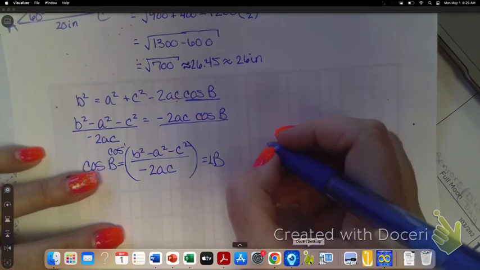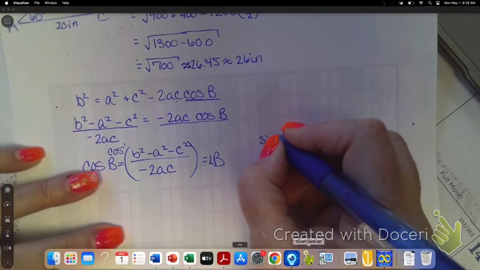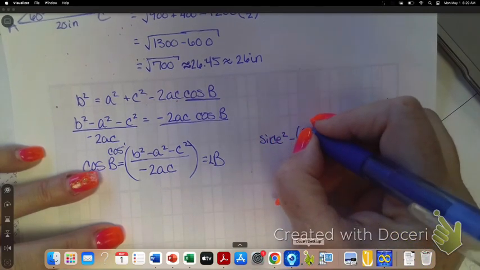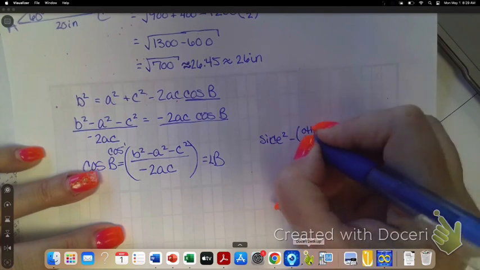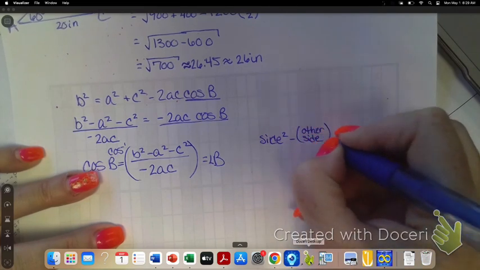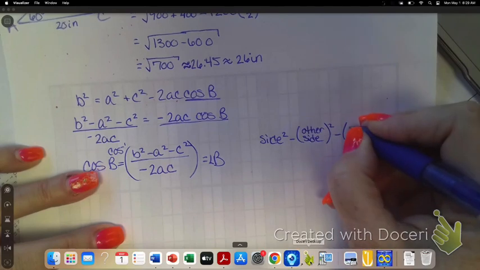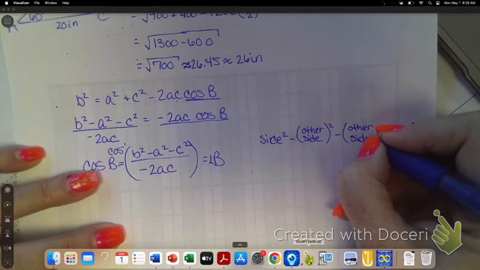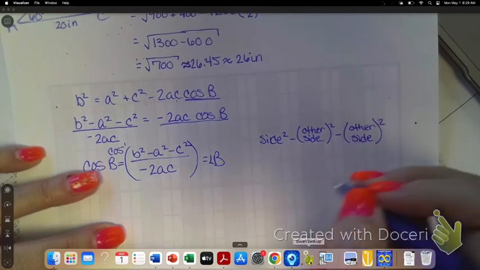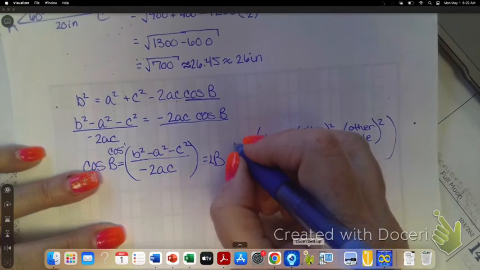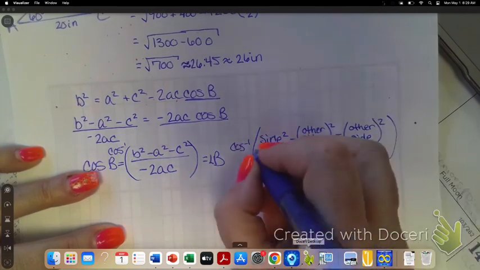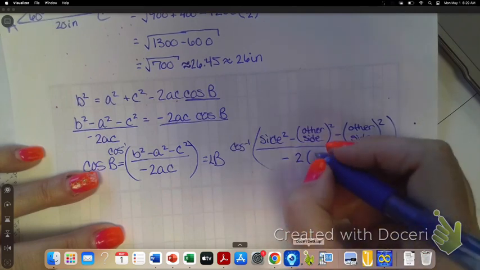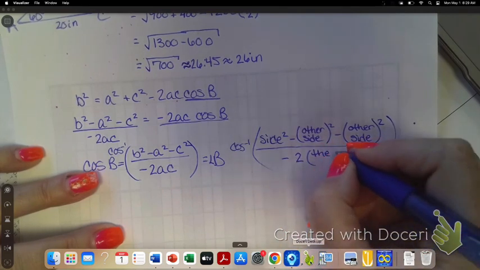So this is side squared minus other side squared minus other side squared, all inverse cosine, over negative 2 times the other two sides.